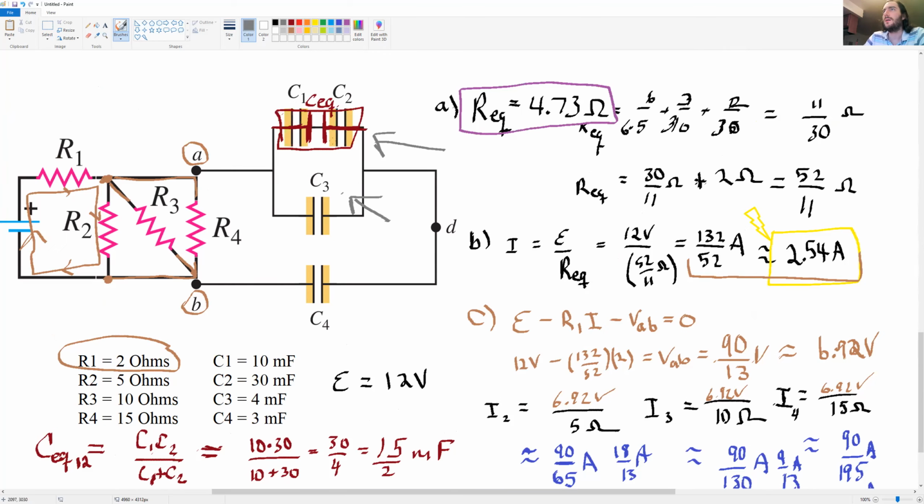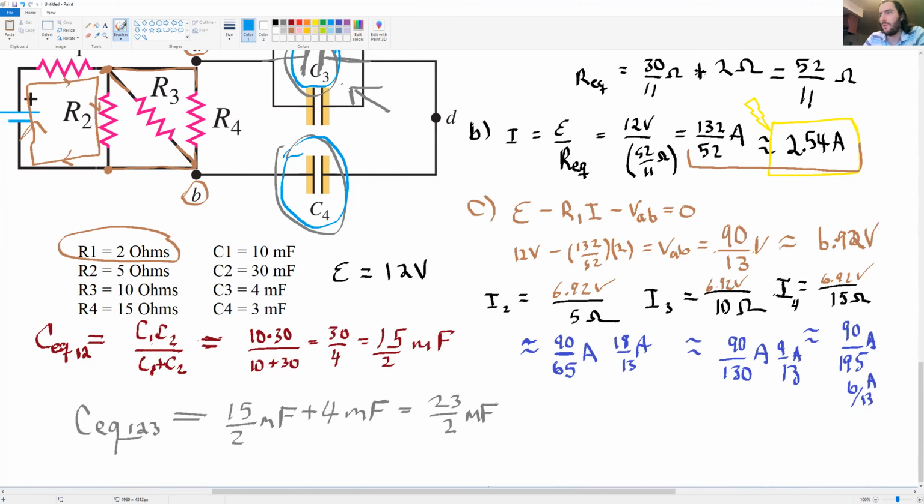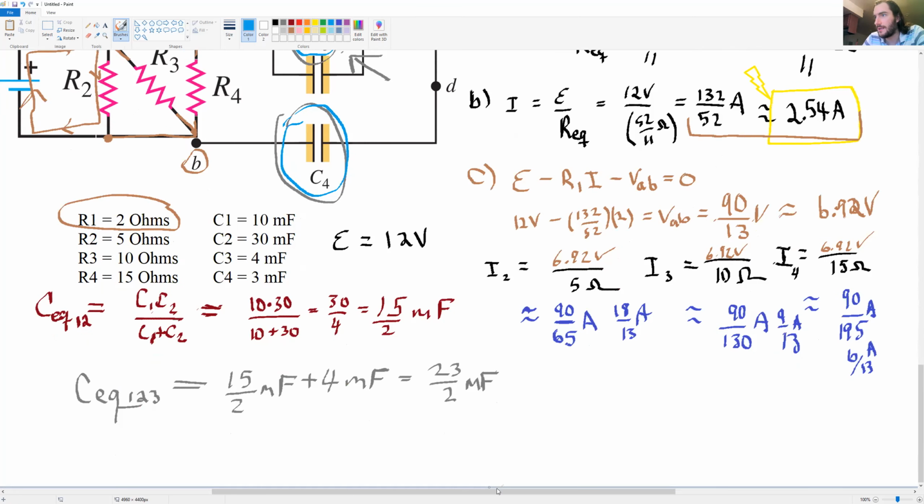And then once we combine these two, that's what looks like this right here. So we have a capacitor now, which looks like this. That's CEQ123. Well, now we have to combine that with C4. Maybe I'll do that in blue, actually. Let's change the color now. So we combine those two now. I'm at the bottom of Paint now, so I have to make some space.